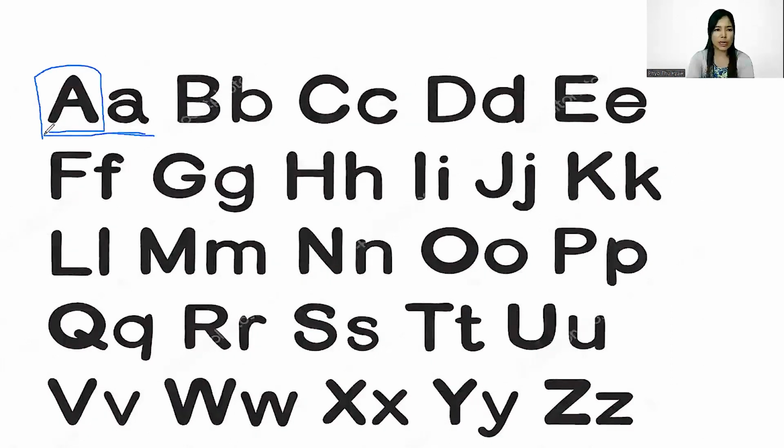So this is capital letter A, small letter A. This is capital letter B, small letter B. This is capital letter C, small letter C. This is capital letter D, small letter D. Capital letter E, small letter E.